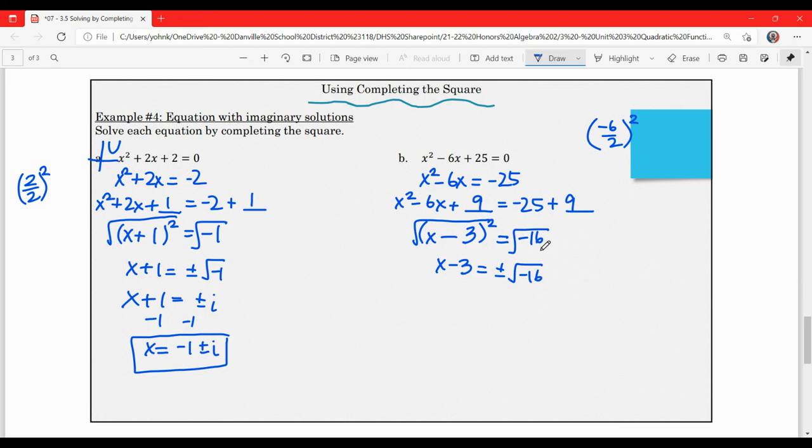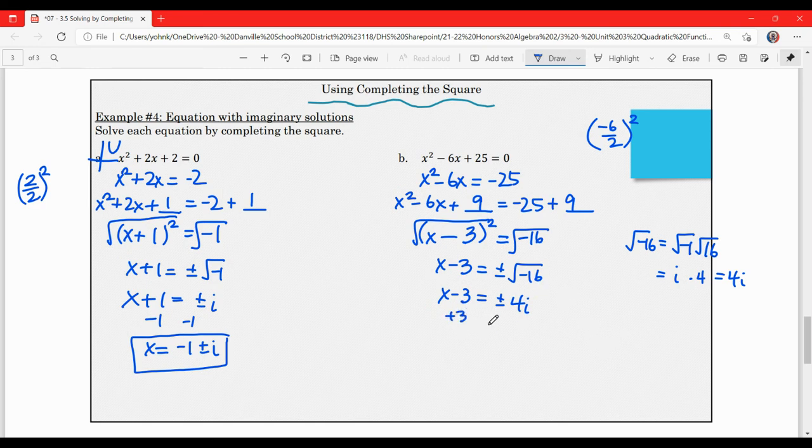Now we learned how to simplify the square root of negative 16. Remember, that's the square root of negative 1 times the square root of 16. The square root of negative 1 is i, and the square root of 16 is 4. So that's 4i. So we get x minus 3 is equal to plus or minus 4i.